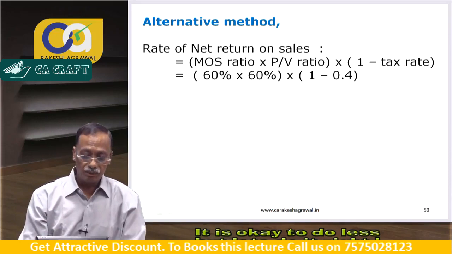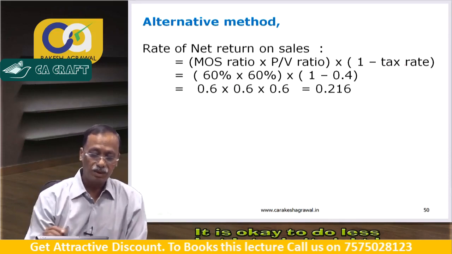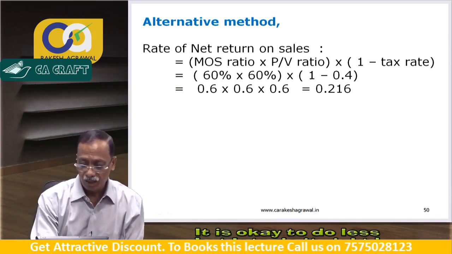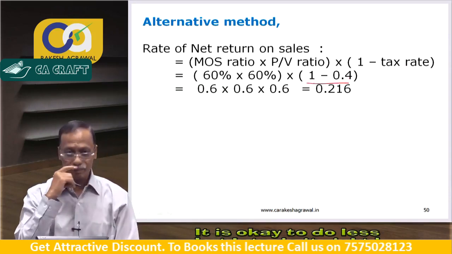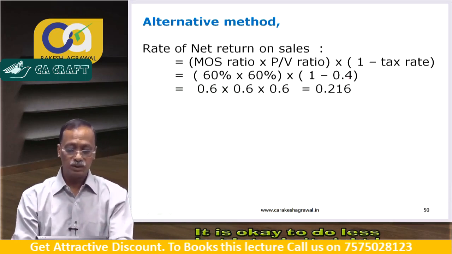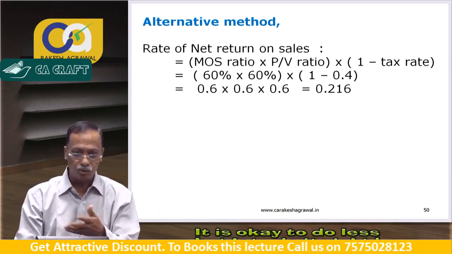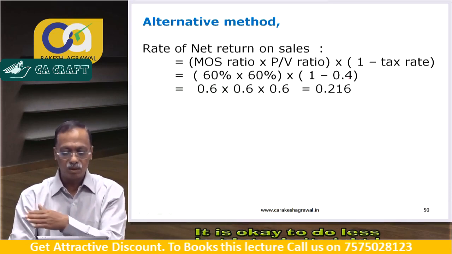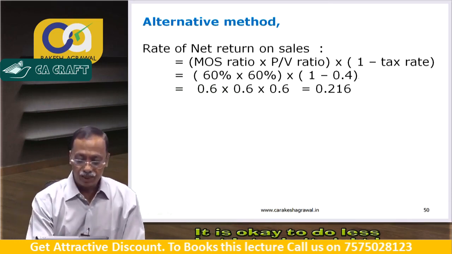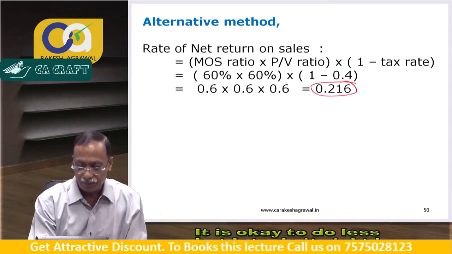Now convert all of them into decimals. 60% I will write as 0.6. So 0.6 into 0.6, and this whole bracket, 1 minus 0.4, will also become 0.6. So 0.6 into 0.6 into 0.6. This is just a coincidence, it could be different. Coincidentally, all three figures are 0.6. So you will get 0.216.